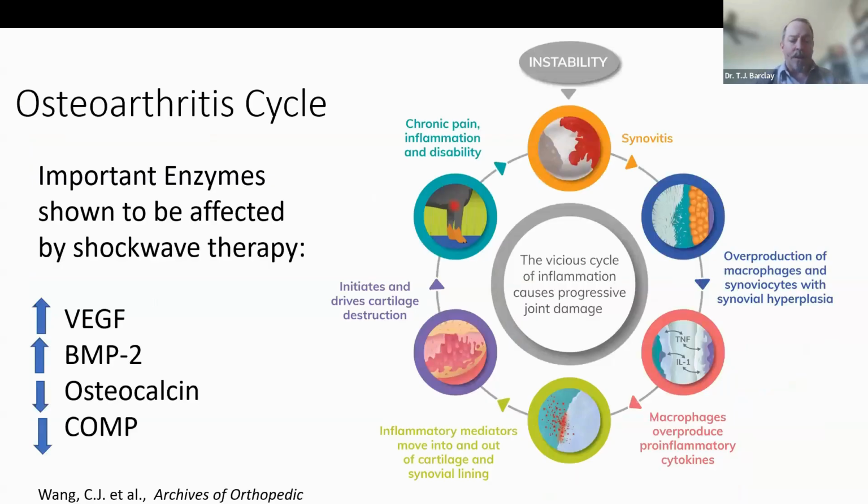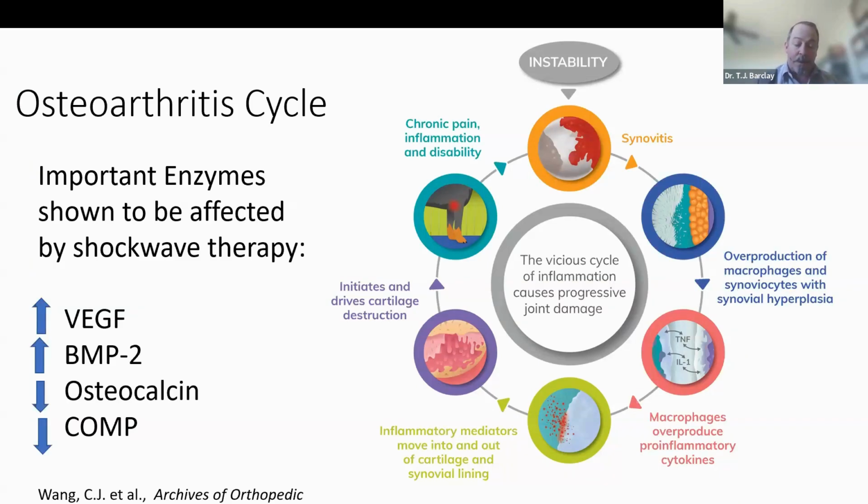So how does shockwave work in OA? This is an illustration of the so-called vicious cycle of OA. We start with some sort of joint instability that induces synovitis in that joint. That inflammatory process recruits macrophages into the synovial environment.